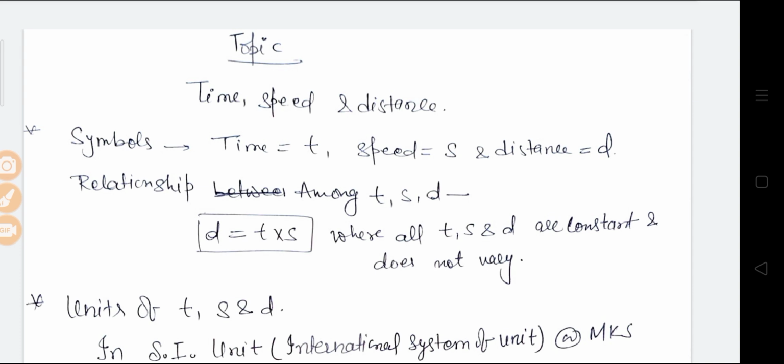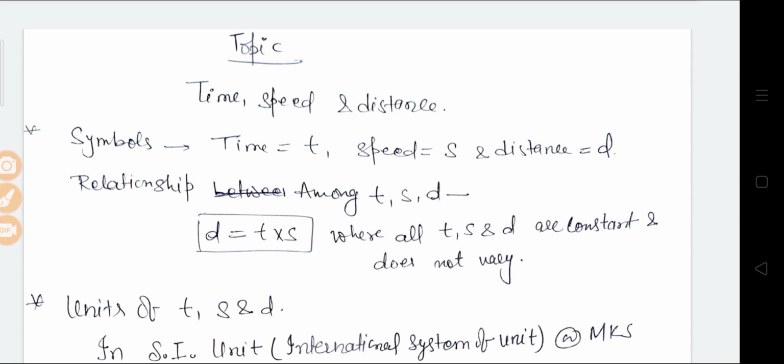Actually, in quantitative aptitude topics, which are mostly for competitive exams, distance, time and speed are taken as constant values, because if these values vary, it will be out of the syllabus, and that topic will be covered in higher mathematics. So here distance, time and speed are taken constant.